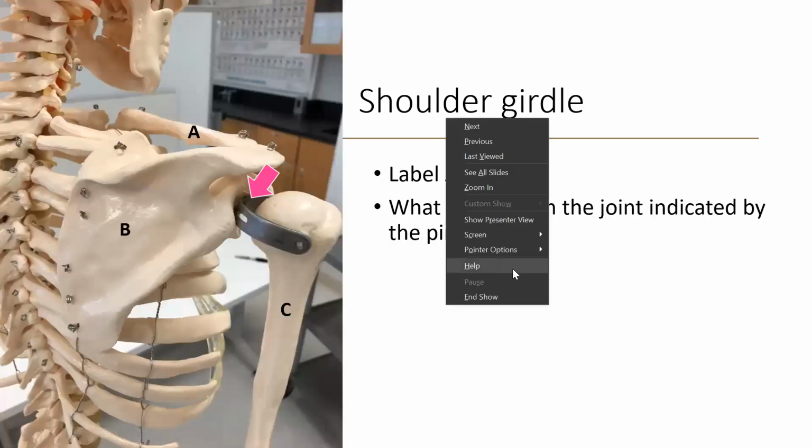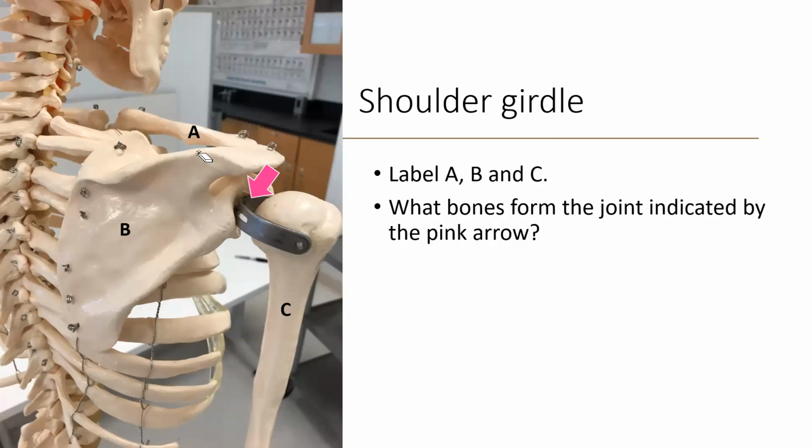Over here, this is the shoulder girdle. Again, you see the clavicle. This whole thing is the scapula, your shoulder blades.